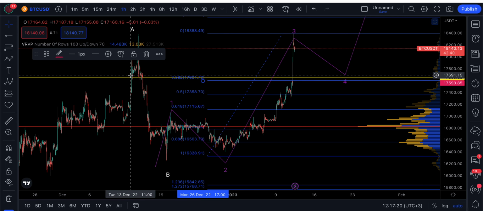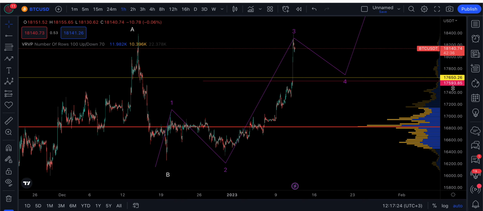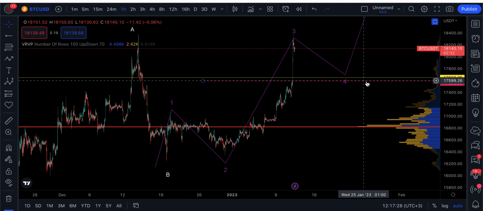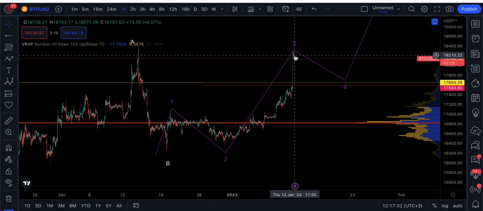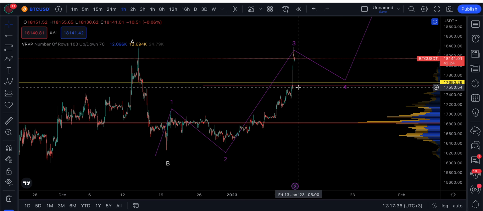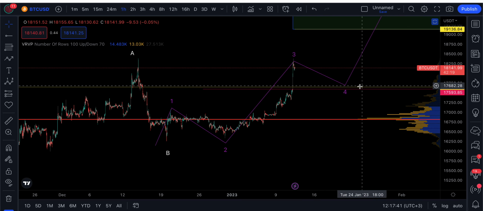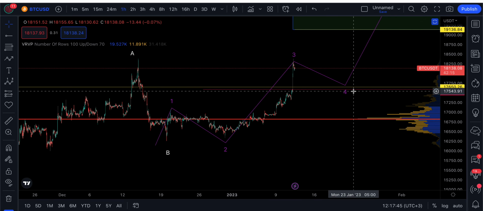So 17,593, which is quite a steep pullback because we have had quite a strong move to the upside. I might not be expecting this big of a move to the downside, but this at least is my buy area if I'm going to ride the remainder of the move to the upside. At least this would be my target.